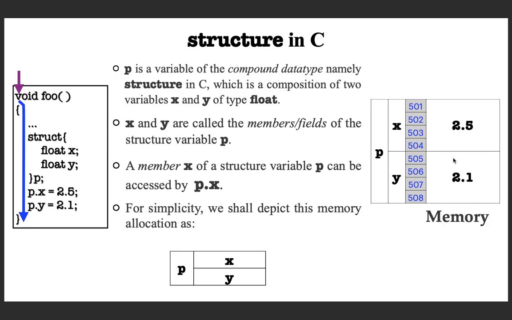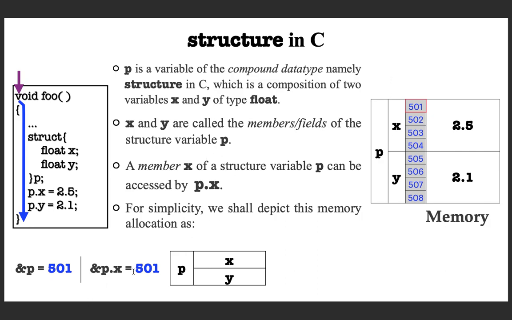Now we can look at certain aspects of this particular data structure. You can see that the address of the whole data object p is 501. That is the starting address of that object. And it is also true that the address of x is again 501, assuming that the compiler is not using any header information about the data structure.